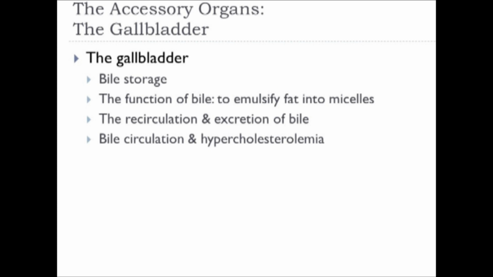It's also useful for the recirculation and excretion of bile, and bile circulation through the enterohepatic circulation can lead, I should say, to a hypercholesterolemia, because it keeps supplying bile back to the liver, and the liver uses these bile products to synthesize cholesterol, and cholesterol is released. But if you use a drug like cholestyramine, there is a prevention of that cholesterol synthesis, essentially, and that leads to a lowering of the blood cholesterol, as we saw.